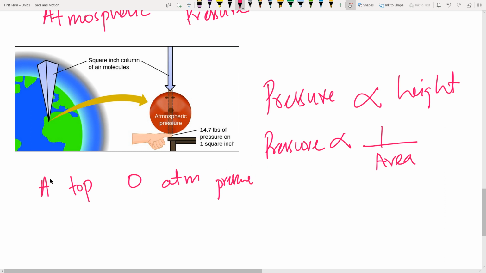And at sea level, it will have the maximum value of 1 ATM.